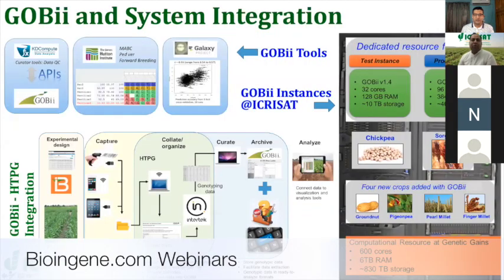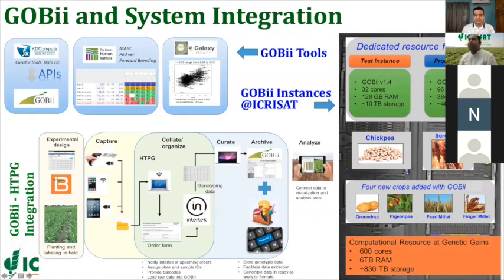In addition, GOBii also provides integration with different systems like BMS, the breeding management system at ICRISAT, and GOBii, as I mentioned initially, for genomic support. So GOBii has been integrated with BMS and STPG, so that marker data come directly from the vendor to GOBii, and using those support tools and BMS phenotyping data, the breeder is able to make decisions.